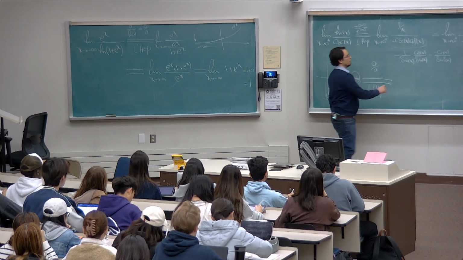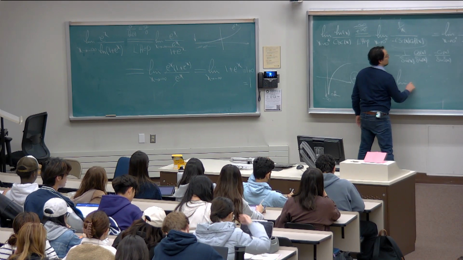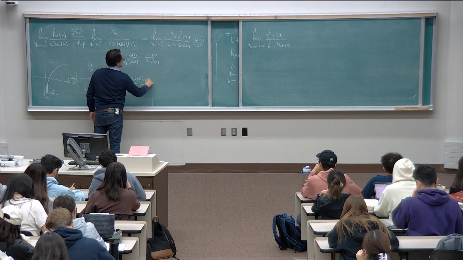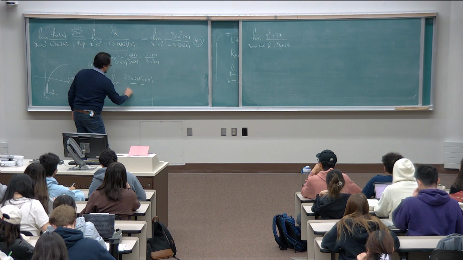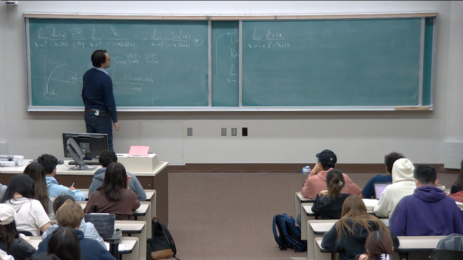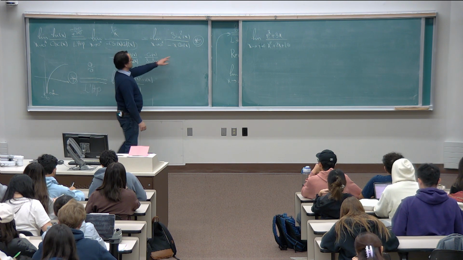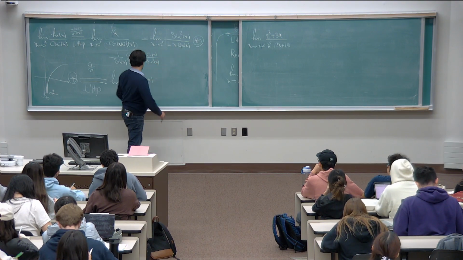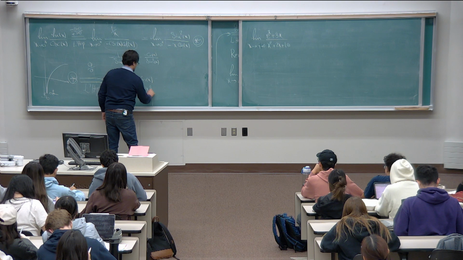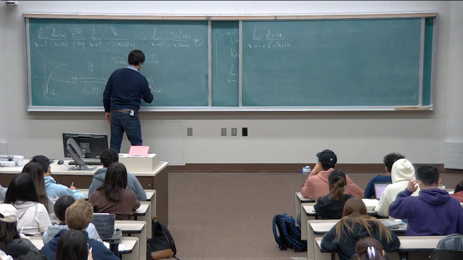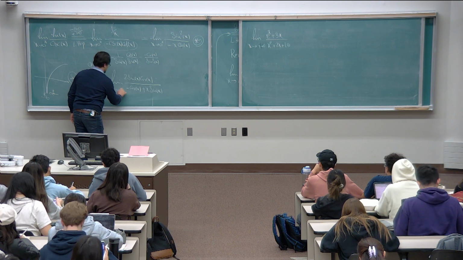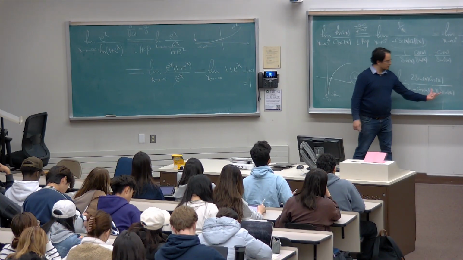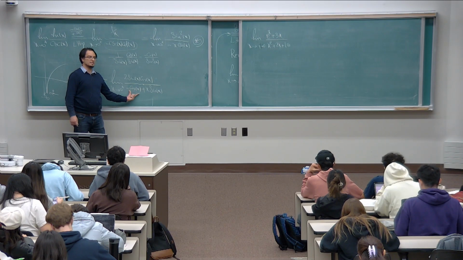I know that L'Hopital works here, and we have 2 sine x cosine x over minus cosine x, where the derivative of cosine x is negative sine x, so there's a negative sign here, as x goes to 0 from the right. Now, the limit of the denominator: this part is 0, this part is negative 1.